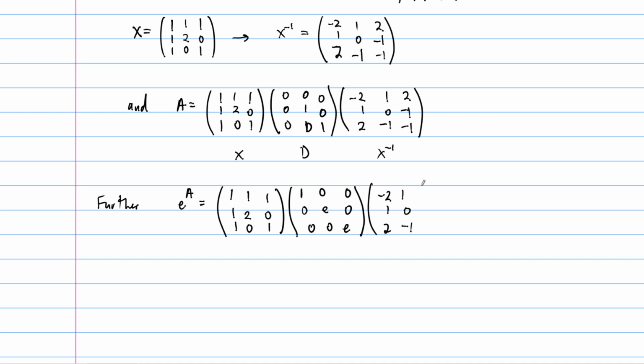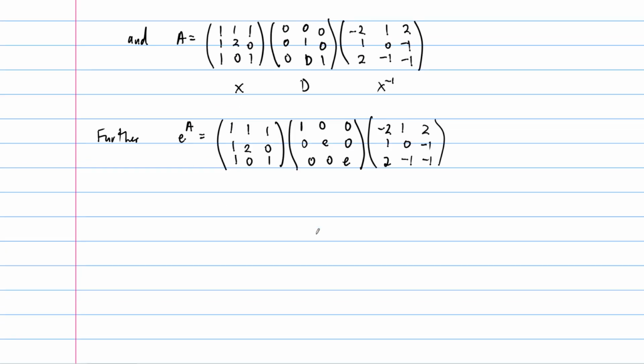In terms of the factorization, it's very simple to take the exponential of the matrix. But after a little bit of work, you can combine this into a single matrix. I'll just give you the answer, but again, you can pause the video and work all this out and make sure that you can compute the same answer. What you'll end up with is a matrix whose first column is 3e minus 2, 2e minus 2, and 2e minus 2.